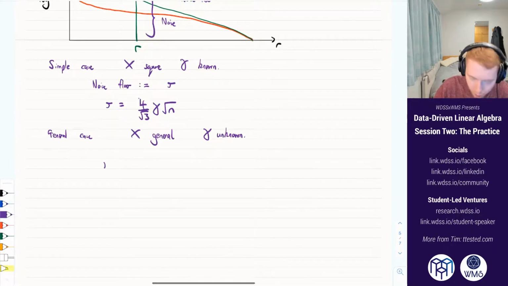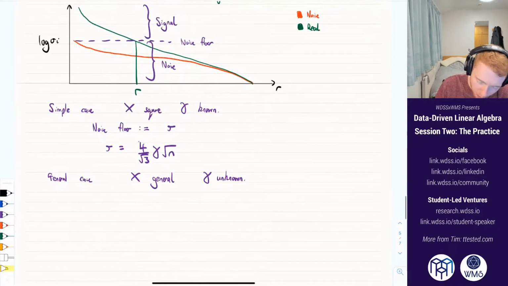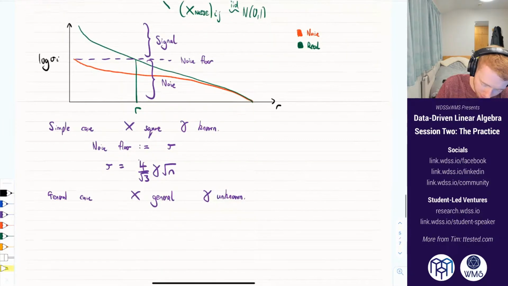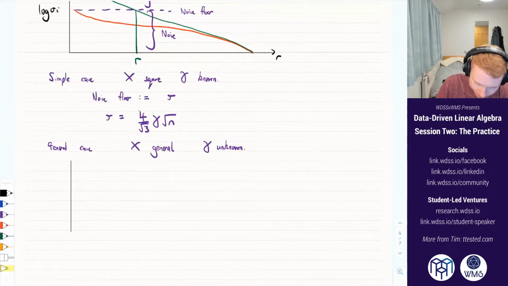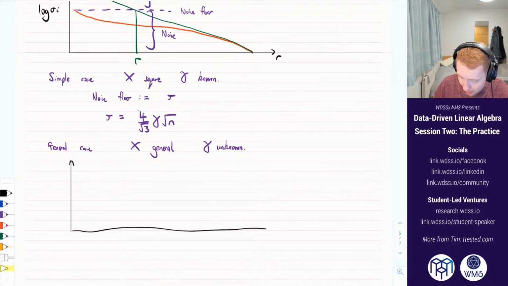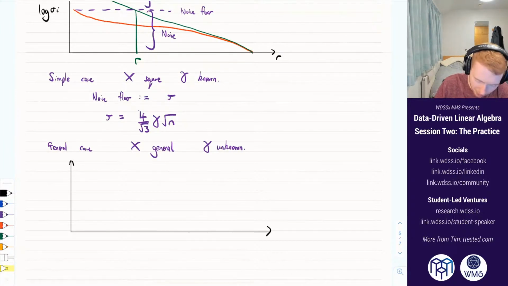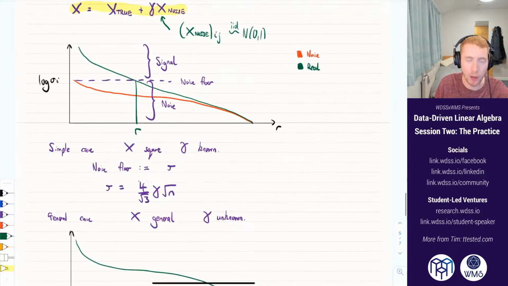Here we have a noise floor. Well, actually, no, let's first define something else. So what we're going to do, let's plot this one again. We're going to take our singular values that we see. It's worth mentioning this red line, we can't see that in practice.